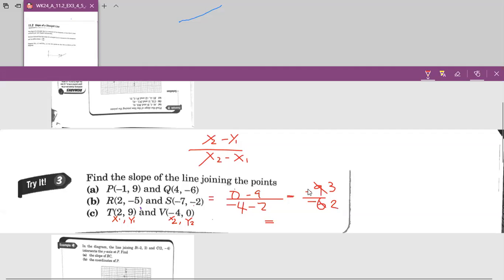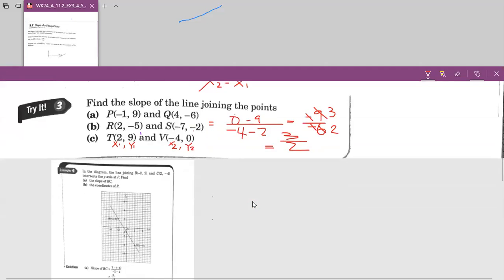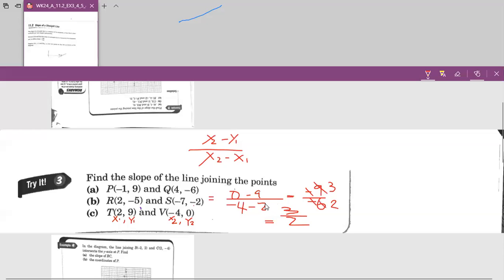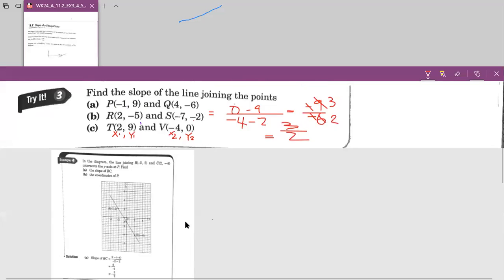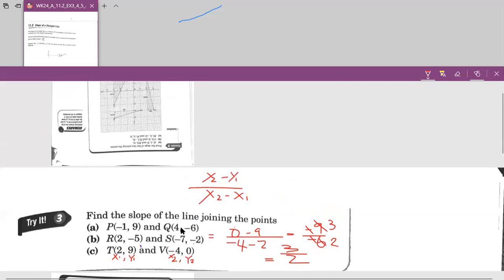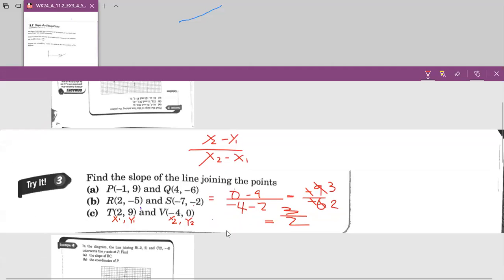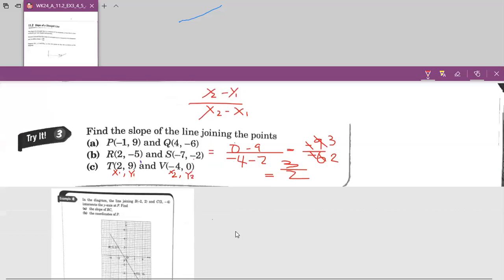And then since they both have negative, we want to take away negative. So this will be our answer for the slope of C. Okay? Give me 0 if you don't have any question on this question C. 0. Okay, great job.